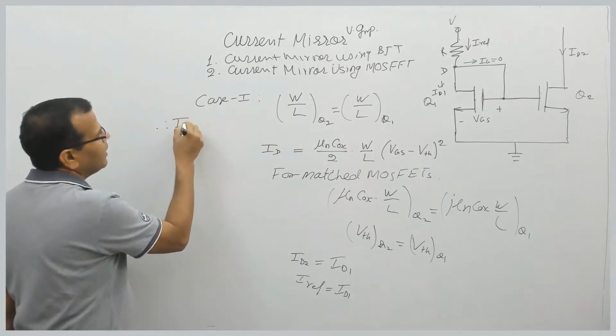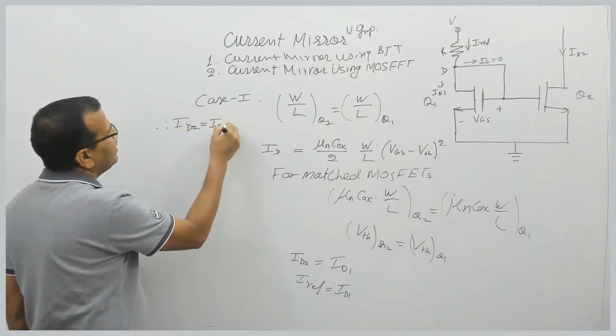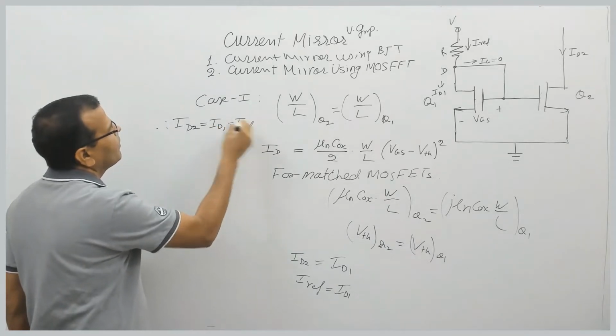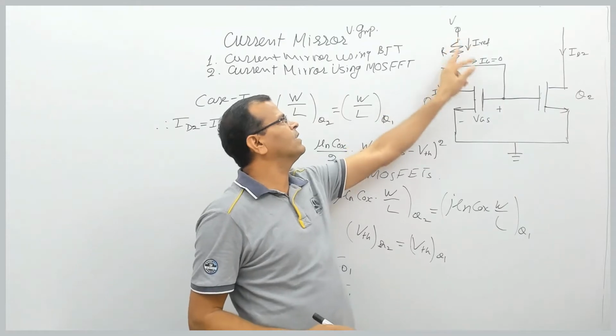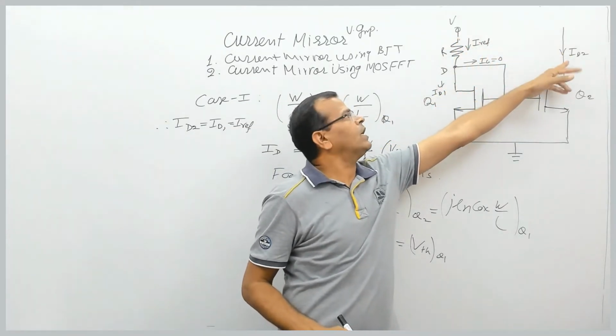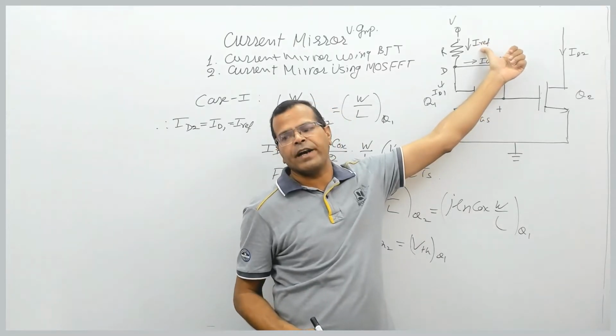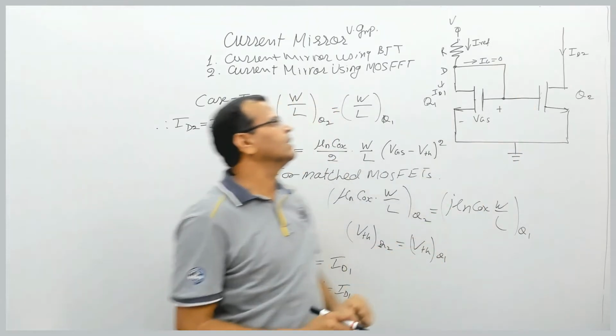Therefore, the drain current of transistor Q2 will be equal to what? ID1, and that is what? Iref. So means this current. If I can find this current, then I will be able to find this current. So this current is the mirror image of this Iref.